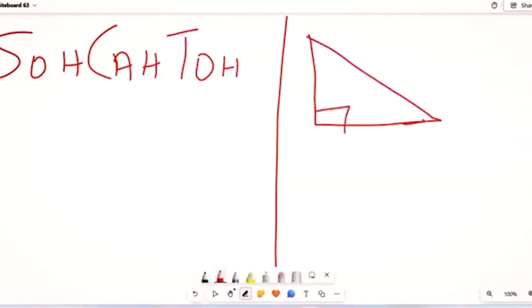Forgive my crooked right triangle. Let's call this angle theta. You see, this is opposite to theta, adjacent to theta, and hypotenuse.